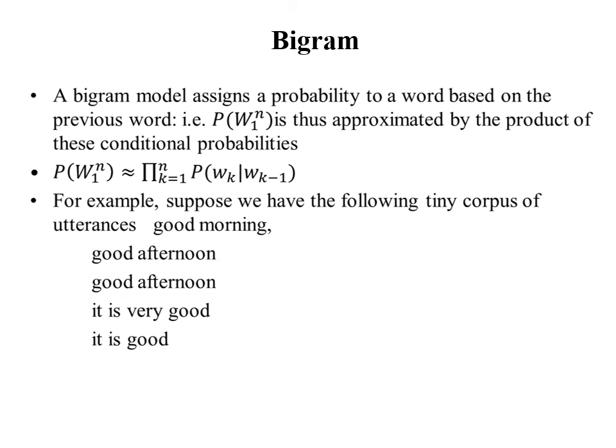For example, suppose we have the following tiny corpus of utterances: good morning, good afternoon, it is very good, it is good. In these kinds of sentences we can predict the word. Suppose you have "it is very", it means for the next word, the chance of the word "good" is very high.